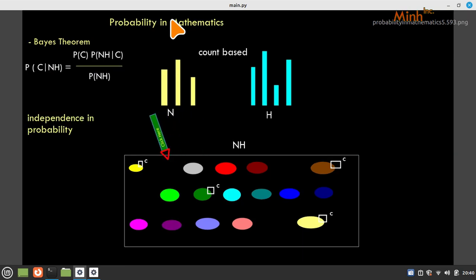Rather than that, we can go for individual probability: probability of N, individual probability of H. We can bin it also. Even after binning it, we will go for individual probability. We will not look for coexistence. Then still we can create the sample space. If that is the scenario, we still lose the characters, I mean the features.